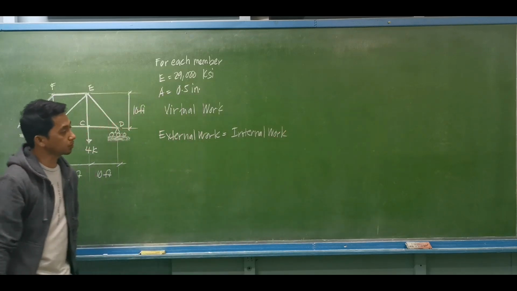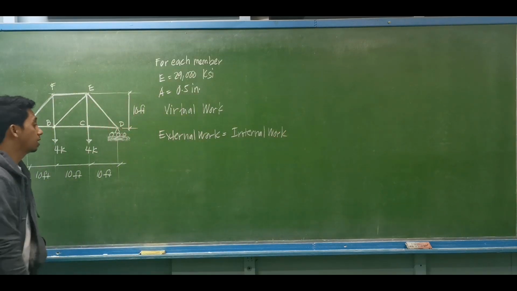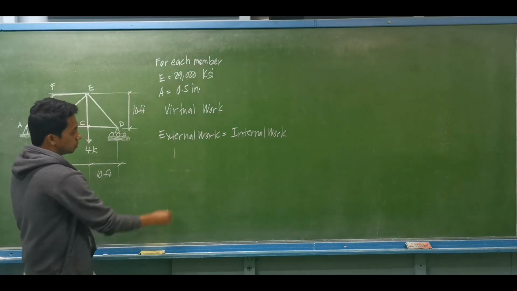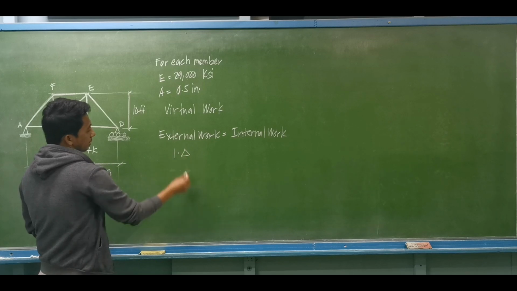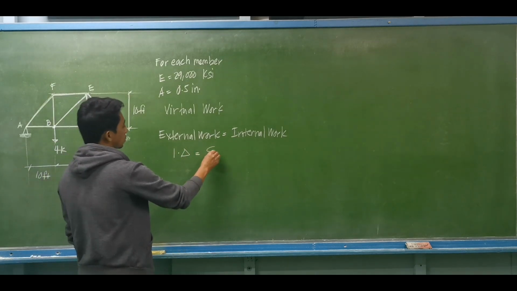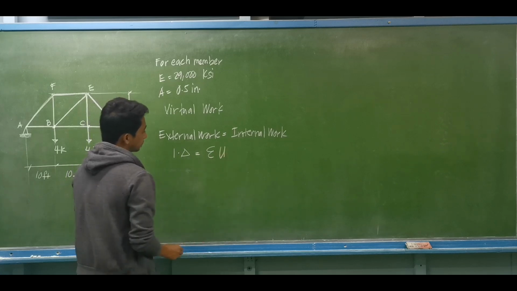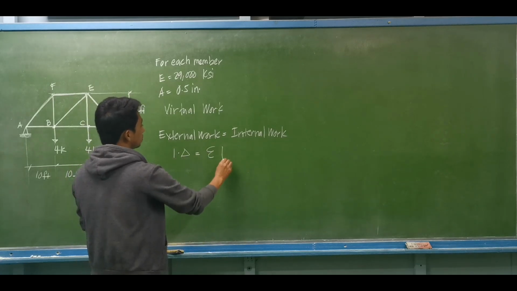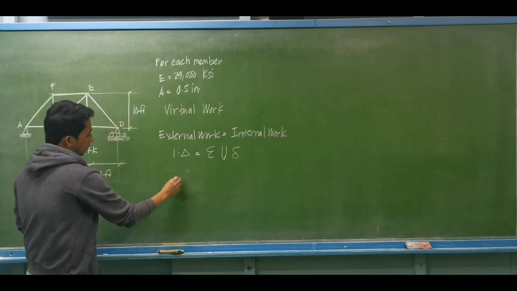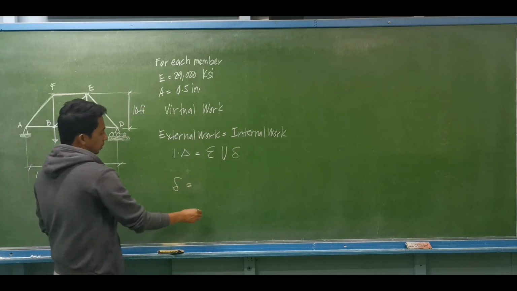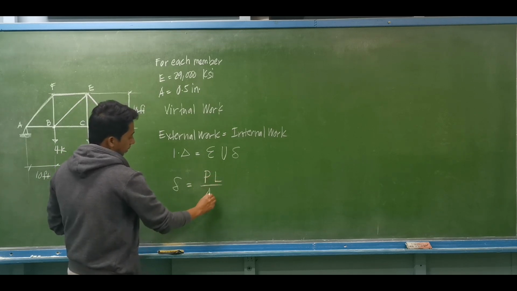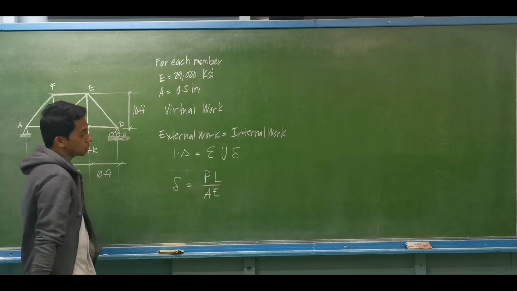So as the equivalent of this external work, we assume a 1 unit load multiplied by the displacement, equal to the internal work, that is the summation of the unit load multiplied by the delta. From your strength of materials, the equivalent of delta is simply the force multiplied by the length divided by the area times the modulus of elasticity.